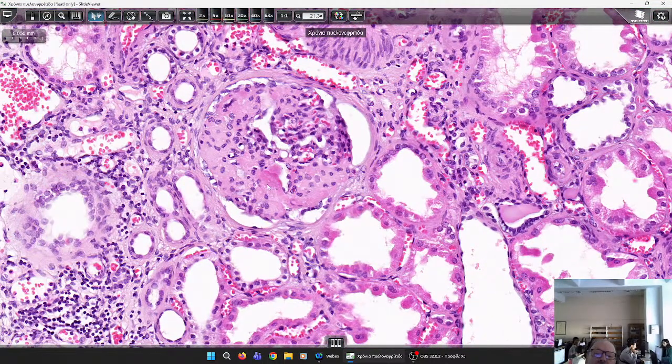What can this part, this hypocellular part of the glomerulus, what tissue has formed there? How do glomeruli respond to a chronic ischemia? What happens within them? Yeah, fibrosis. So they do not take enough blood supply, they become fibrosed.